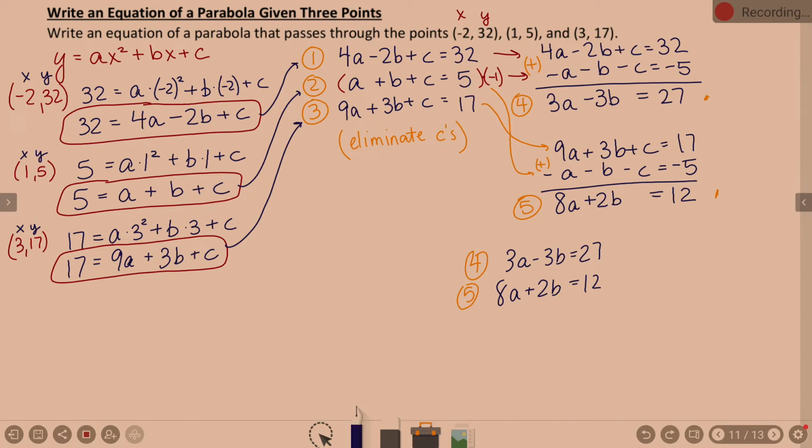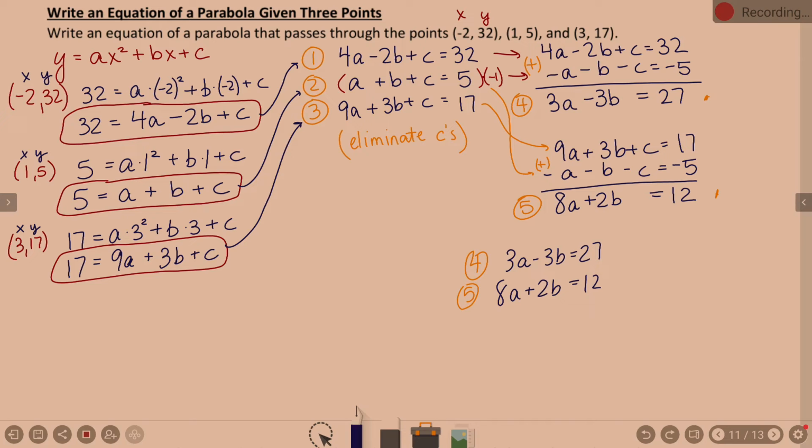There's a couple different directions we could go here. We need to eliminate something, yes? 3 and 2, yeah.